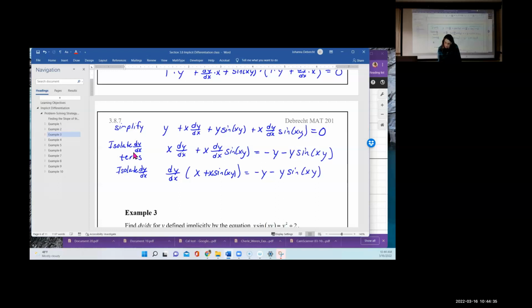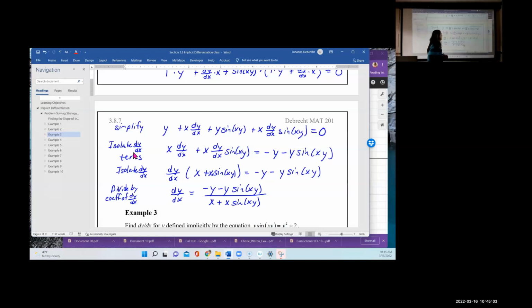And the last step is to divide by the coefficient, so we're truly isolating dy dx. So I have negative y minus y sine of xy divided by x plus x sine of xy.